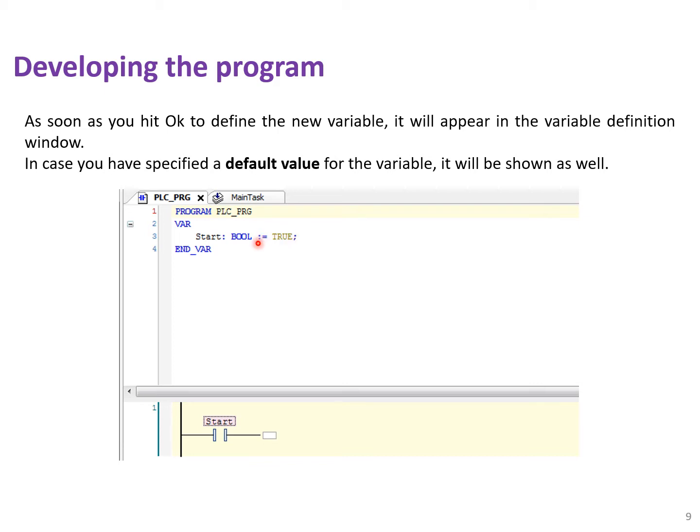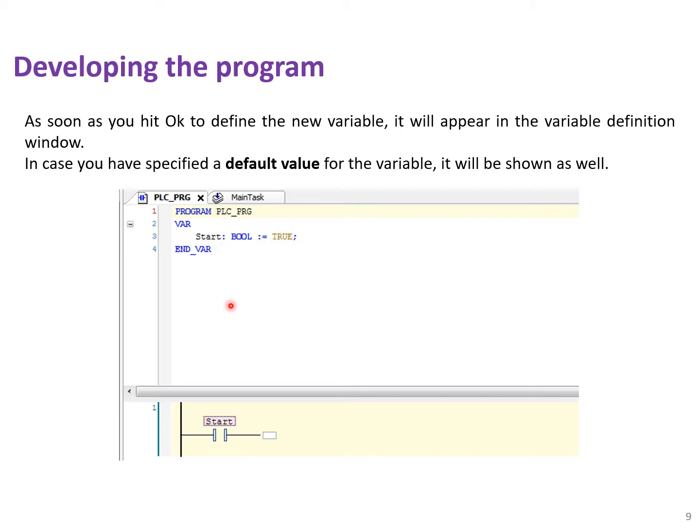Okay, and if you have a specified default value for your variable, you will see that. So here the true default value is specified, but if you just press OK, you haven't assigned any default value to that start, and you won't see this true or false here.